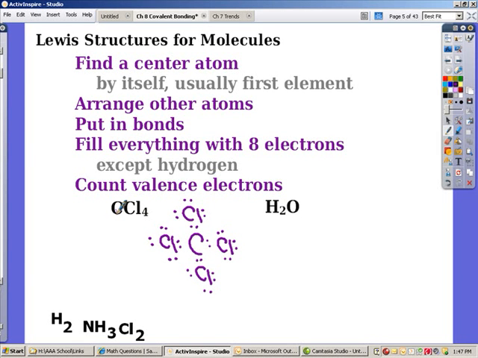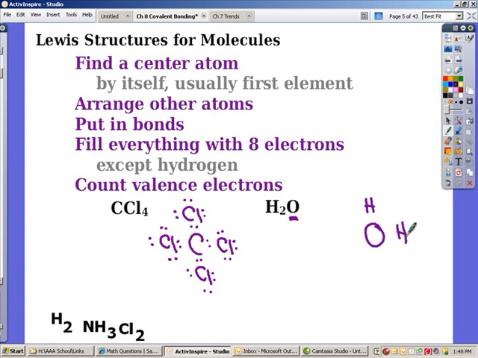And then water. Water, again, is another unusual one for the center atom. In this case, the center atom is on the end, but you'll notice it is by itself. So I'm going to put the oxygen here, and I'll put my 2 hydrogens. Say you don't like them by each other like that?